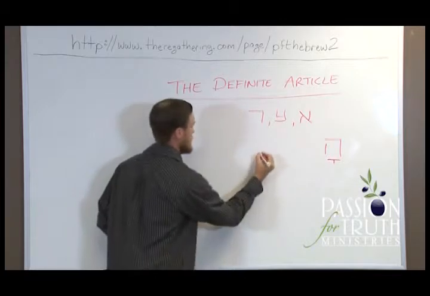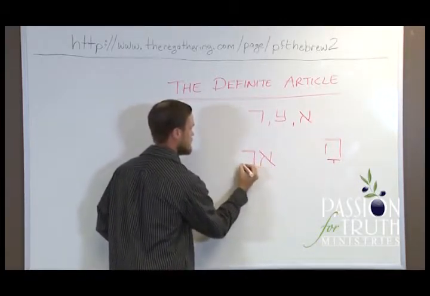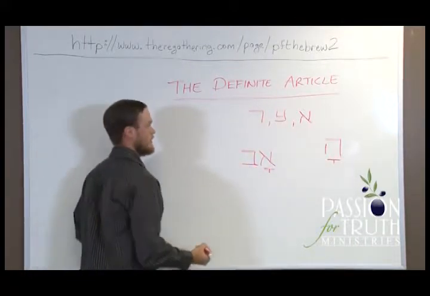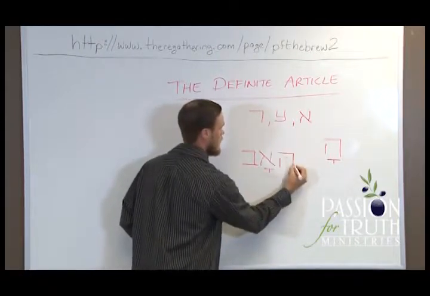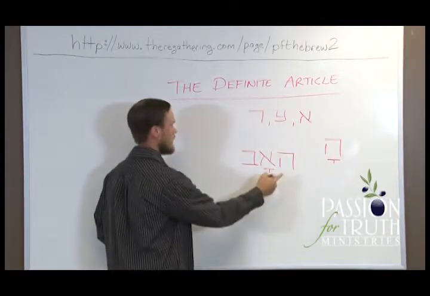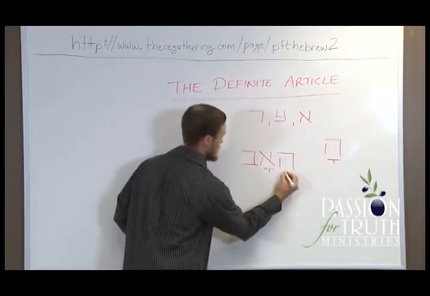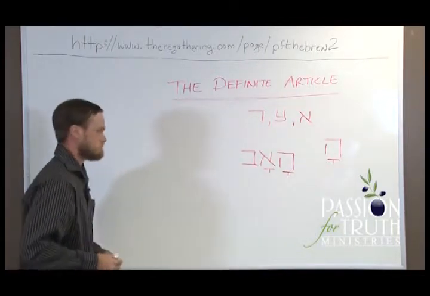So, in the case of the word av, which means father, if we were to write the father, ha'av, aleph is the letter immediately following. It cannot take a dagesh, so instead the hey takes a kametz. Okay.